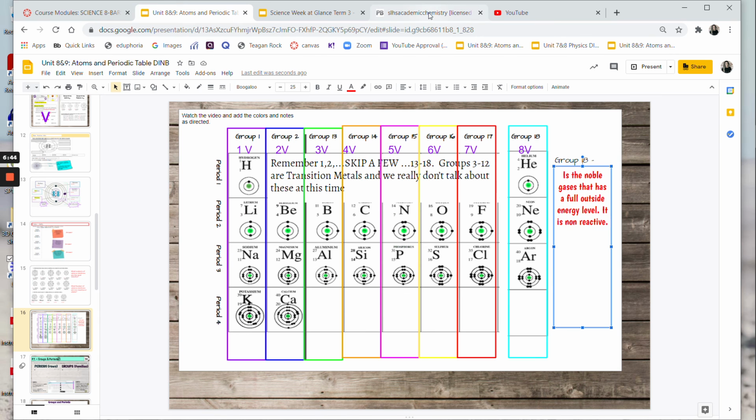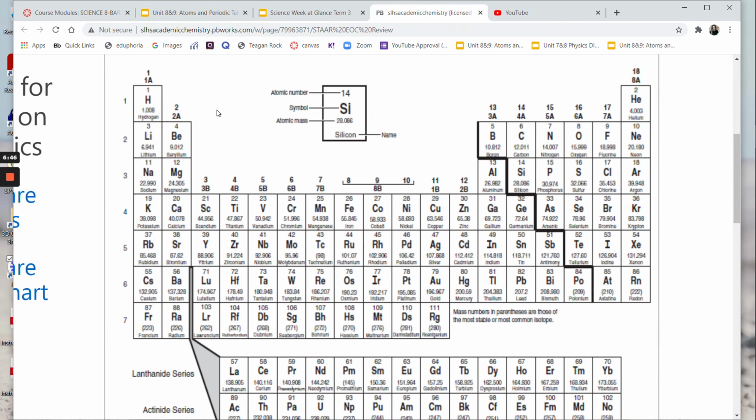So I'm going to go back to the periodic table just to show you. So if I look at, let's do a different one. Let's do Se. Se is in group 16. That means it has 6 valence electrons. If I look at Pb, which is lead right here, and I go up to my group number, it has 4 valence electrons because it's in group 14.